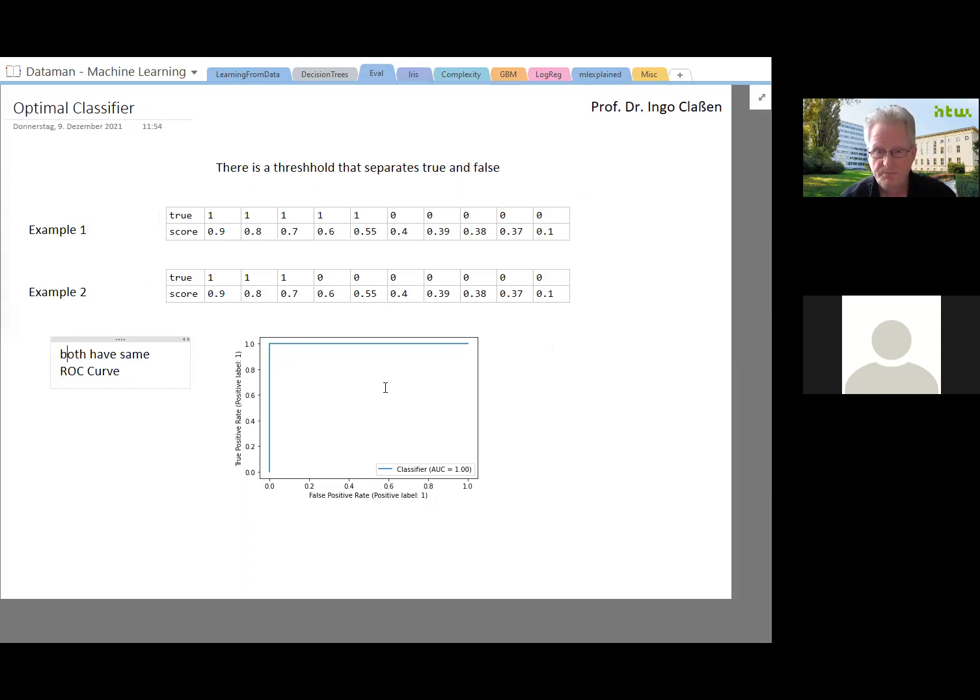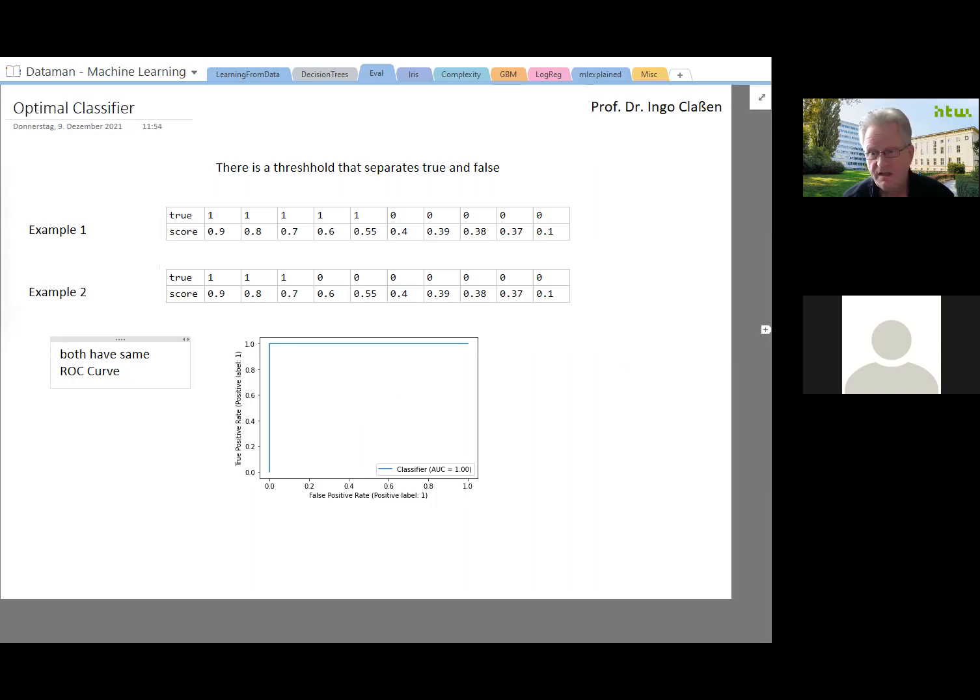Actually, it doesn't matter if it looks like this other example here; we nevertheless would find a threshold where we can distinguish the true and the false values. That would be the optimal classifier.